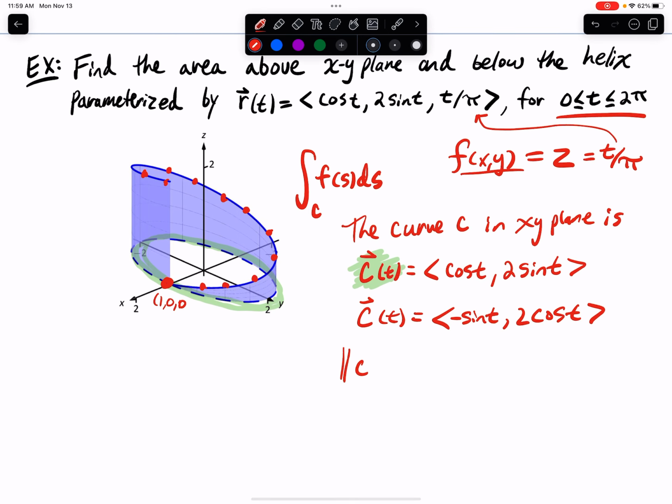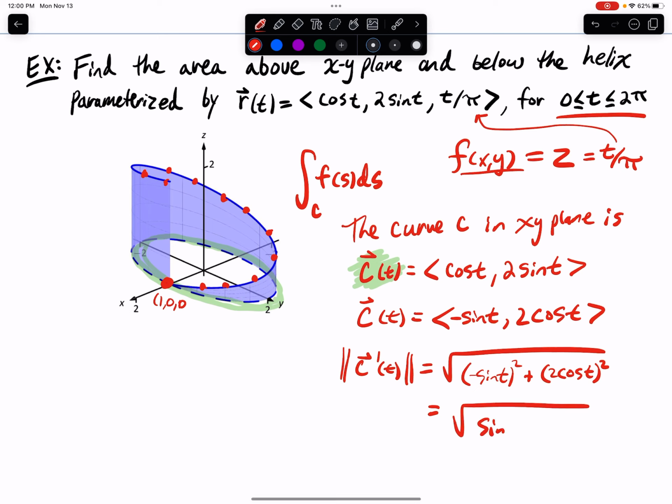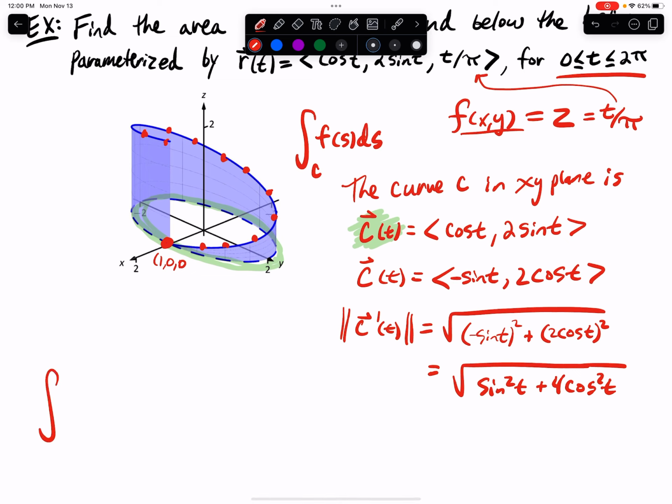So the magnitude of the derivative of that curve in the xy plane is the square root of negative sine t squared plus 2 cosine t squared, which is the square root of sine squared t plus 4 cosine squared t. Yikes. Once again, we're going to have a mess on our hands.